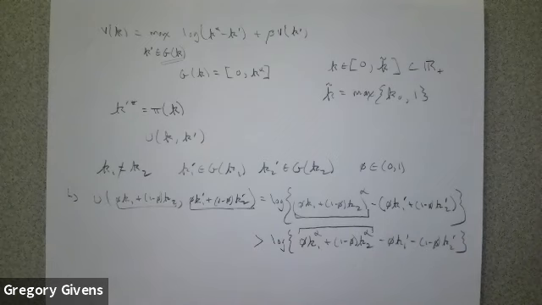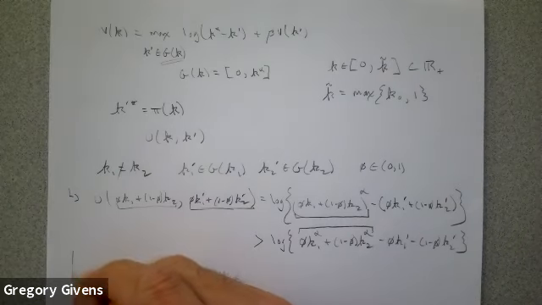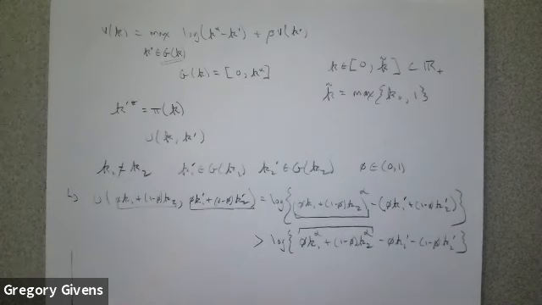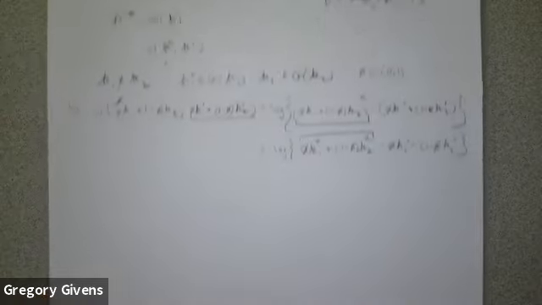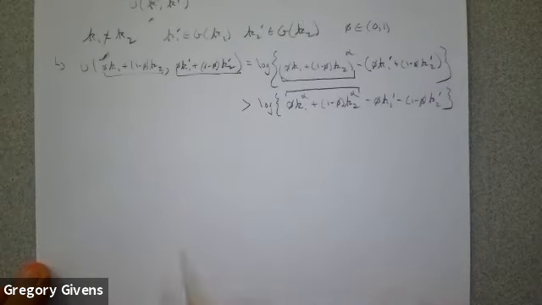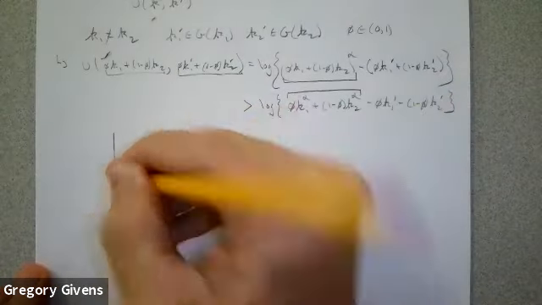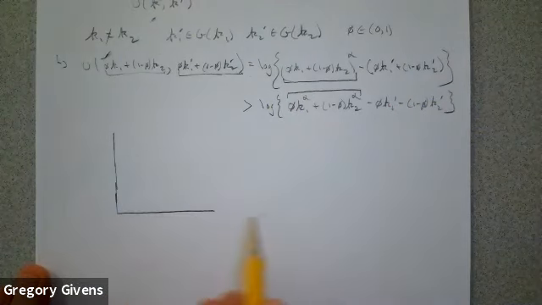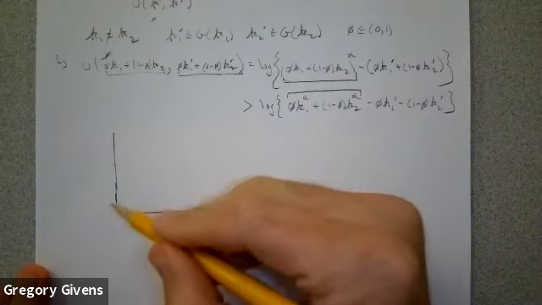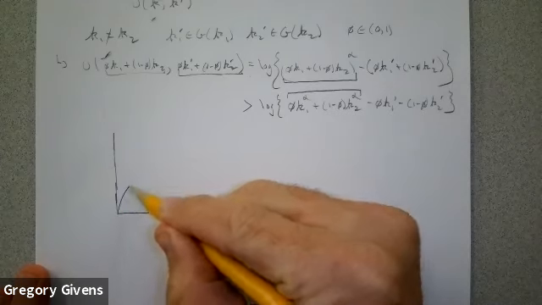Now, why is that? Some of you may see that really quickly. That's because the production function, k to the alpha, is strictly concave. If you don't believe me, let's just draw it and prove the case. What does k to the alpha look like?